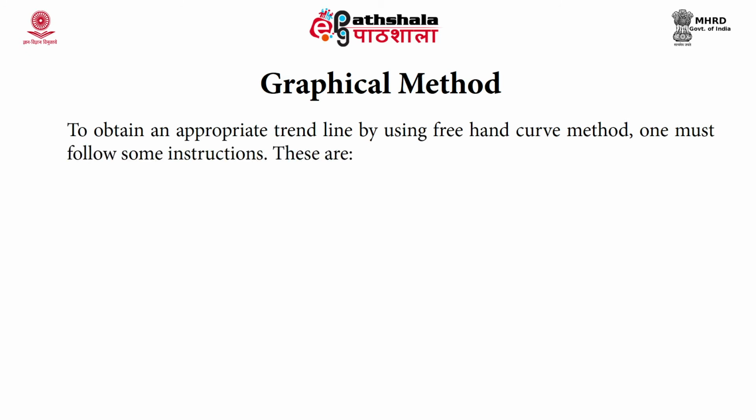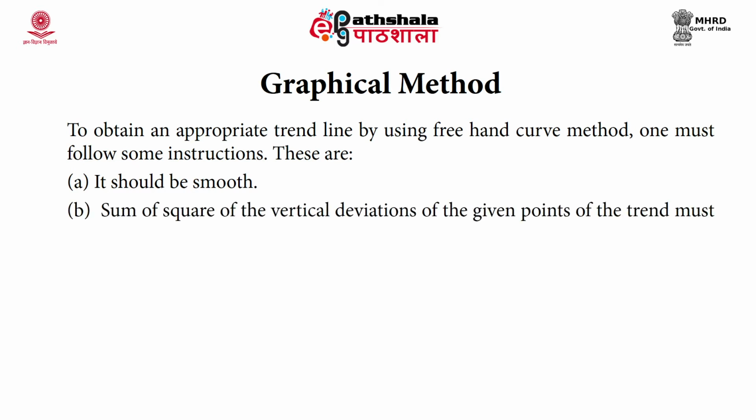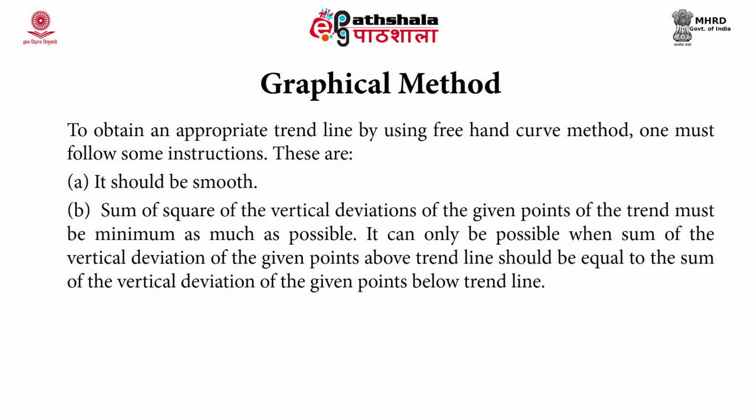To obtain an appropriate trend line by using the freehand curve method, one must follow some instructions. These are: it should be smooth. Second, the sum of squares of the vertical deviations of the given points from the trend must be minimum as much as possible.